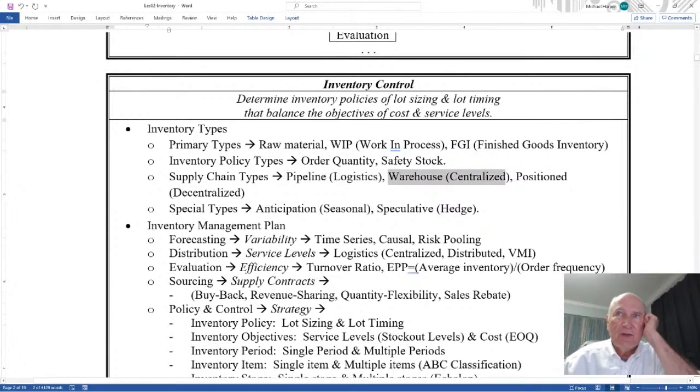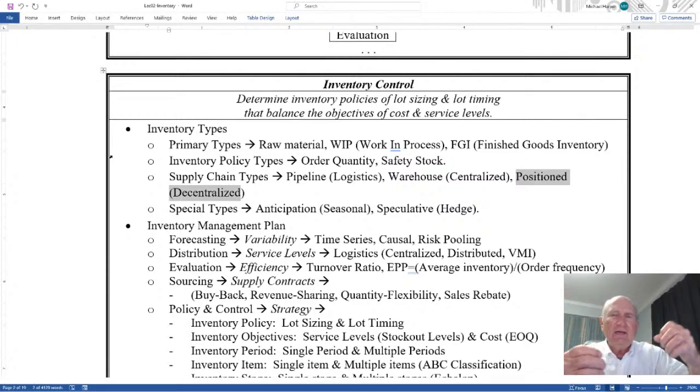Warehouse inventory. If you have a centralized warehouse management system, then that inventory is traditional inventory that you're managing, okay, and that's a type of inventory that you need to account for. But then you have something called positioned inventory, and that is decentralized inventory. Now that decentralized or positioned inventory could be in warehouses downstream.